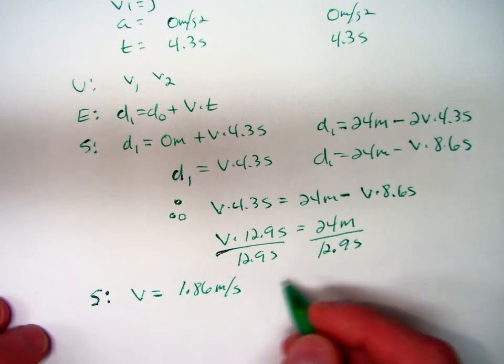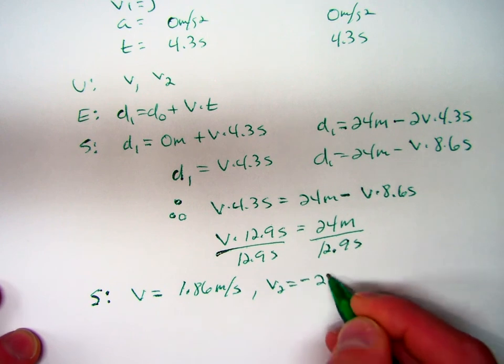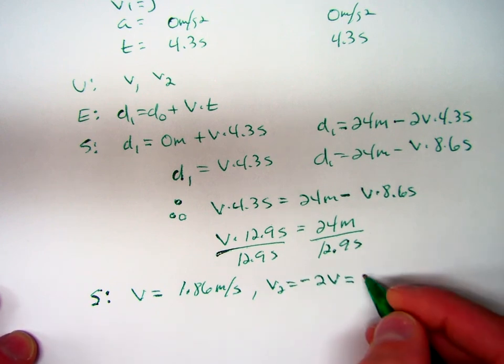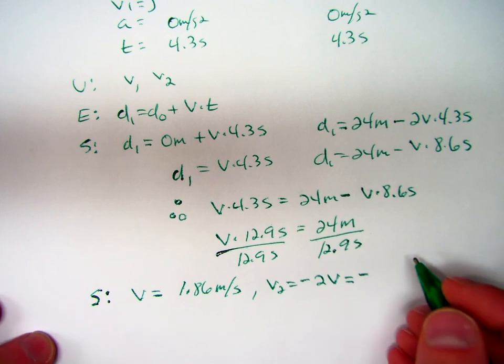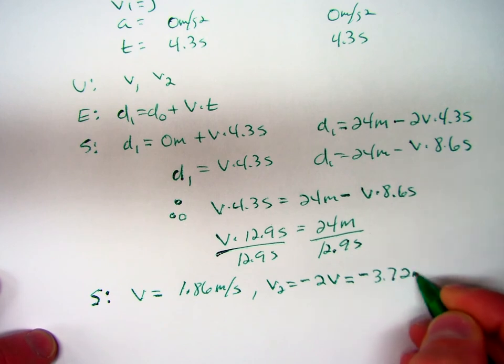And V2, which is equal to minus 2V, is going to be equal to minus 3.72 meters per second.